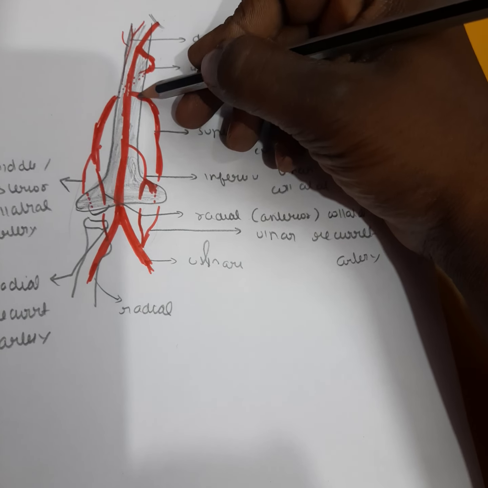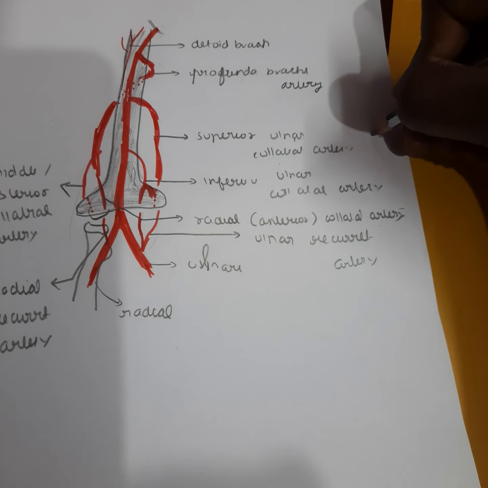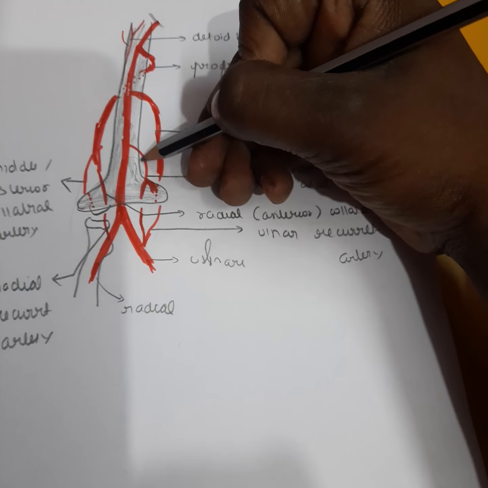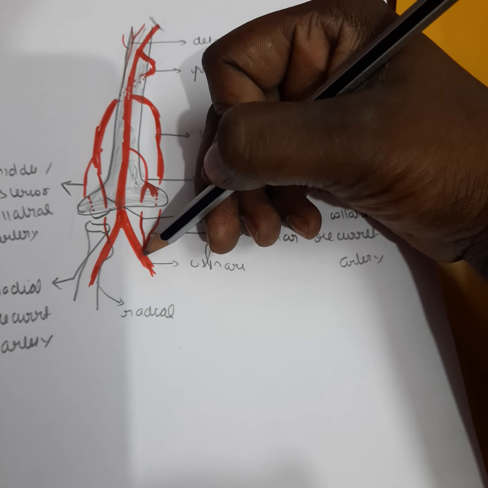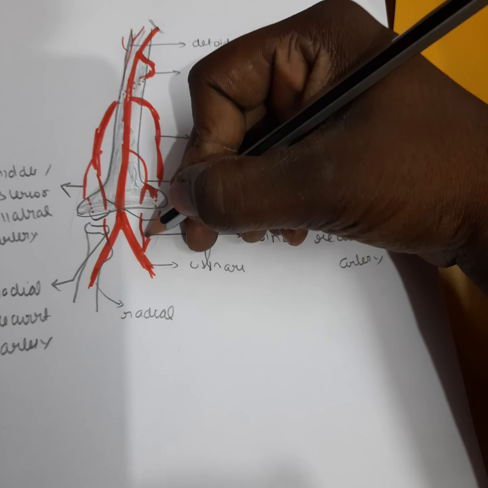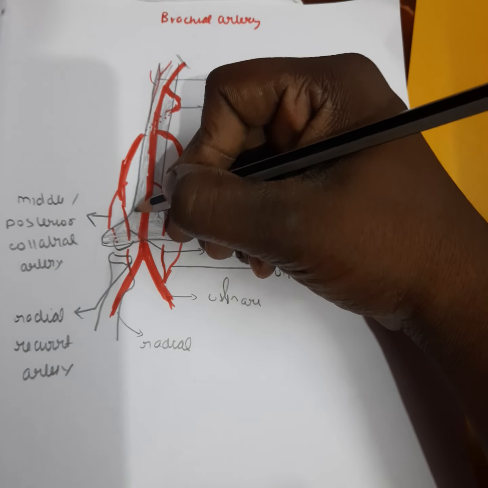Then it gives other branches like the superior ulnar collateral artery, the inferior ulnar collateral artery, and the radial and ulnar arteries.